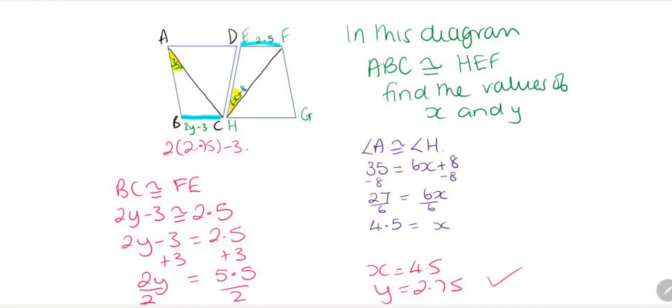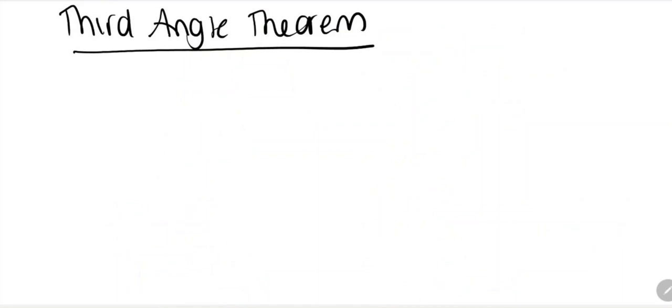So that is correct. And if we substitute in, we have angle 35, and we do 6 times 4.5 plus 8. 6 times 4.5 plus 8 is 35. So we know that is correct.